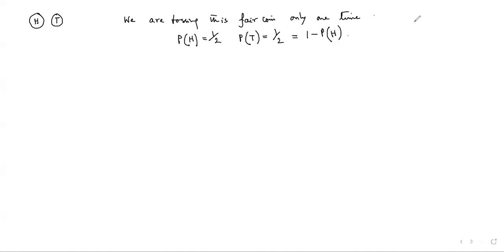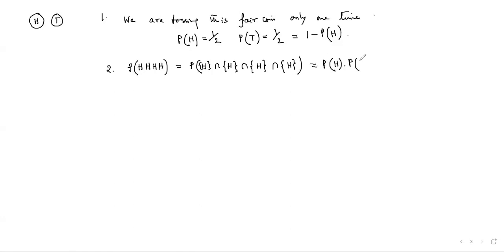Since we have considered the trials to be independent of one another, if we get an outcome like probability of H intersection H intersection H intersection H, then by the theorem of independent probability, we know that each of the probabilities will be multiplied.